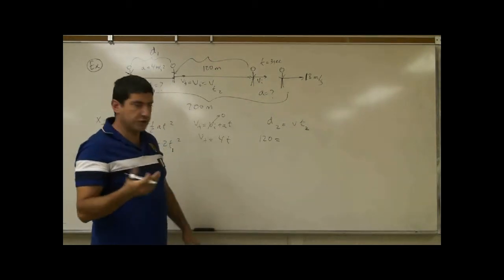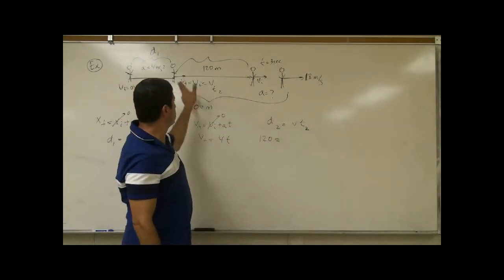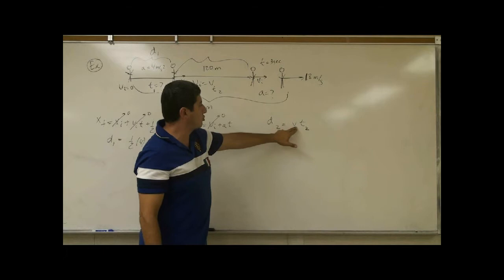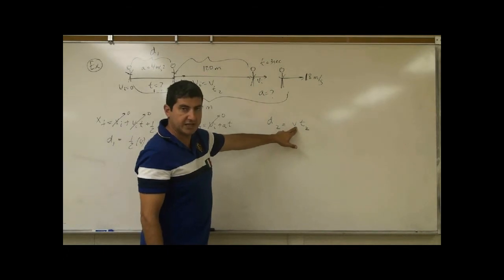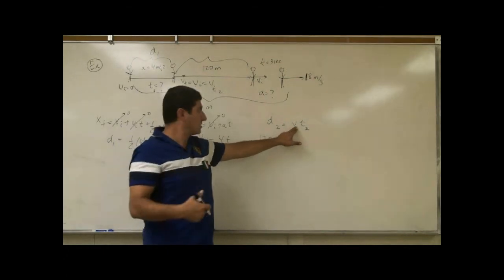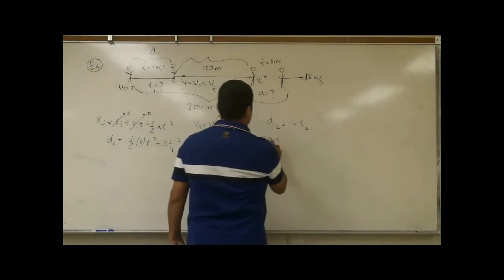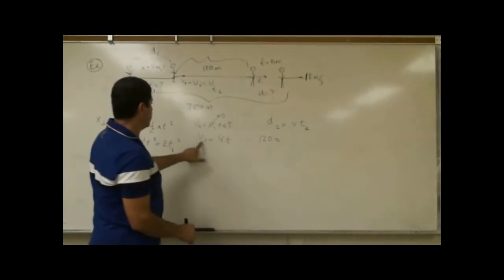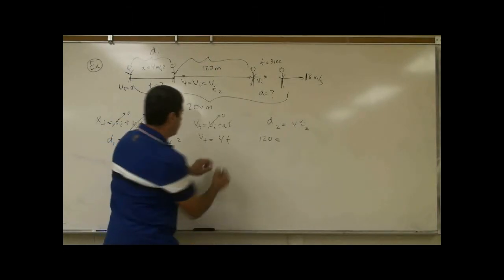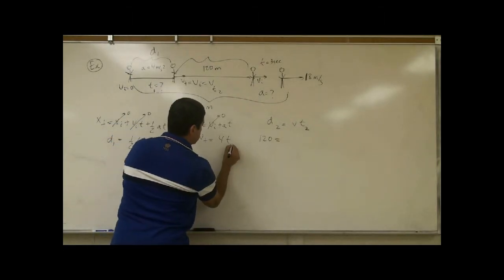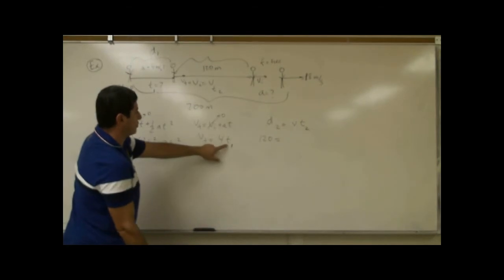Okay, so the equation just becomes the distance traveled in the second stage is equal to the velocity that you were going at in the first stage times the time for the second stage, which we don't know. So 120 is equal to v. V is equal to 4t. We're going to put t1 here, right? This is the time for the first stage.